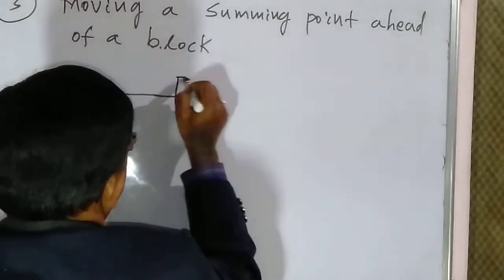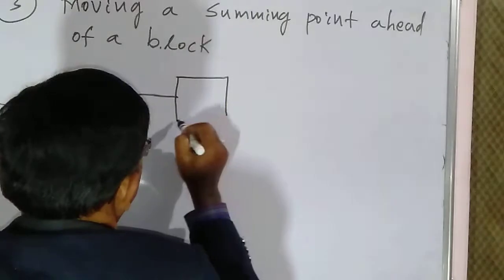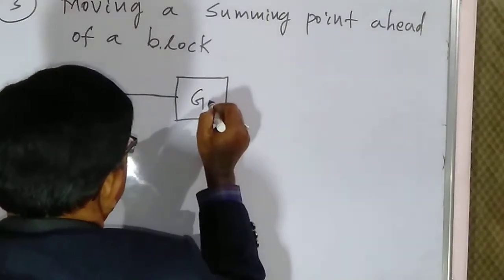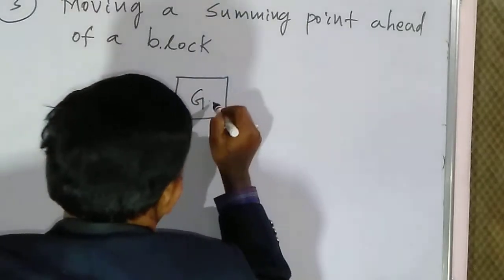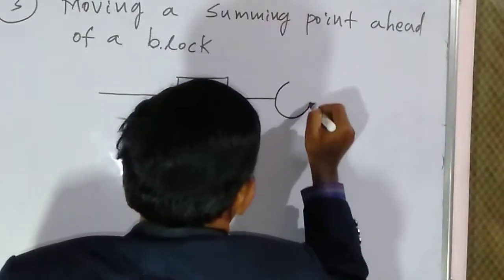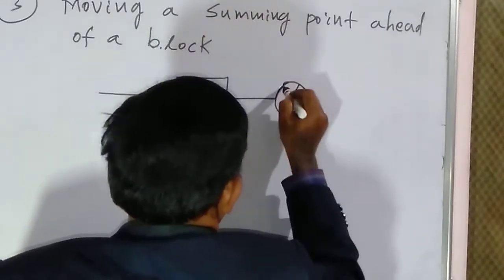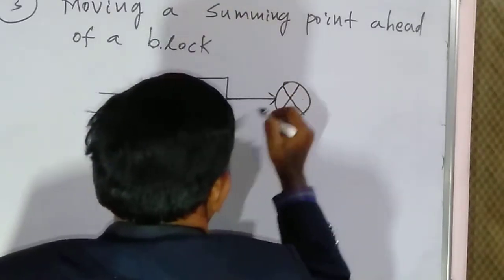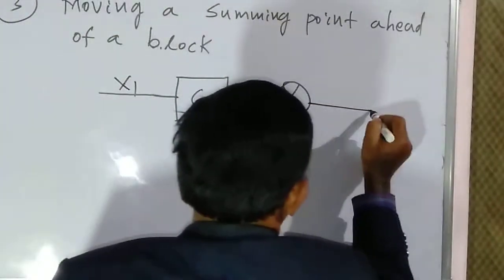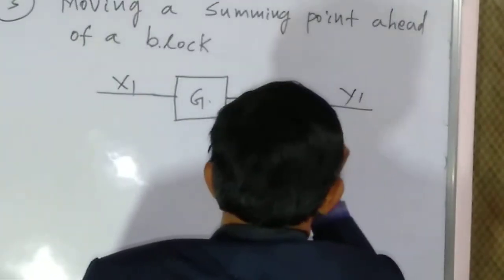So this is the block. Let us assume that this is G1, or you can take G, and this is the summing point, this is x1 and this is y1.